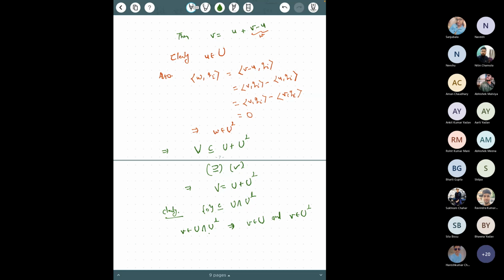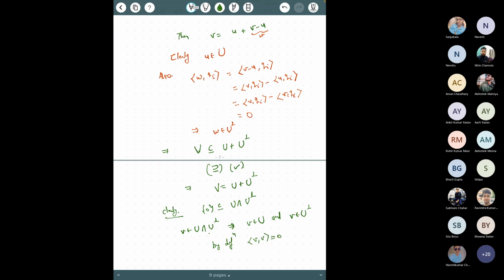What does it mean? Their inner product is 0. Because by definition, if V is in U perp, then it would be orthogonal to every vector in U. So from here, by definition, the inner product of V with itself is 0.